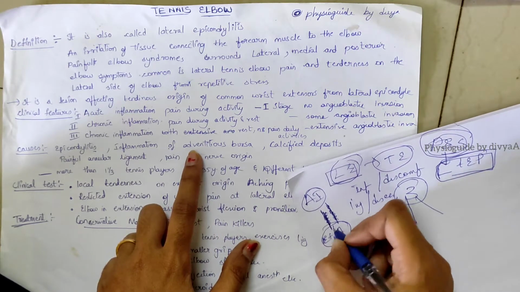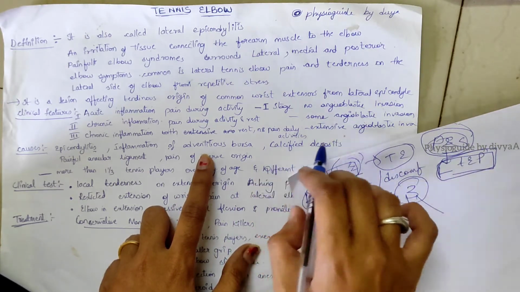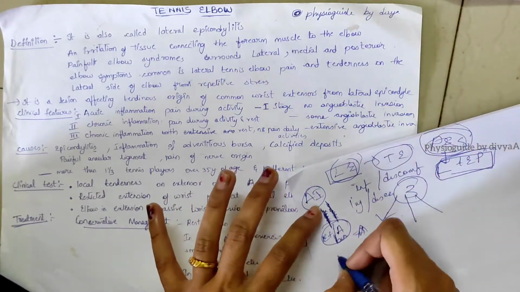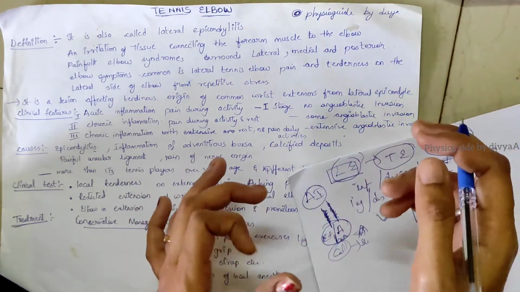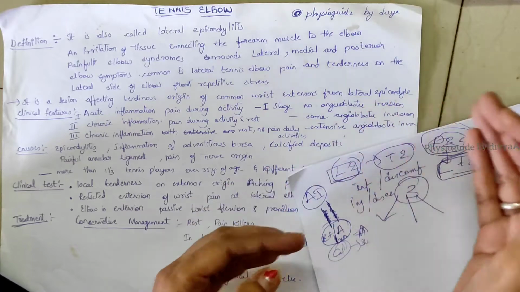We'll say adventitious bursa tear. And calcified deposit means calcium builds up at that area. The calcium deposits more in the soft tissues, so it becomes hard and there is no free movement at that area.